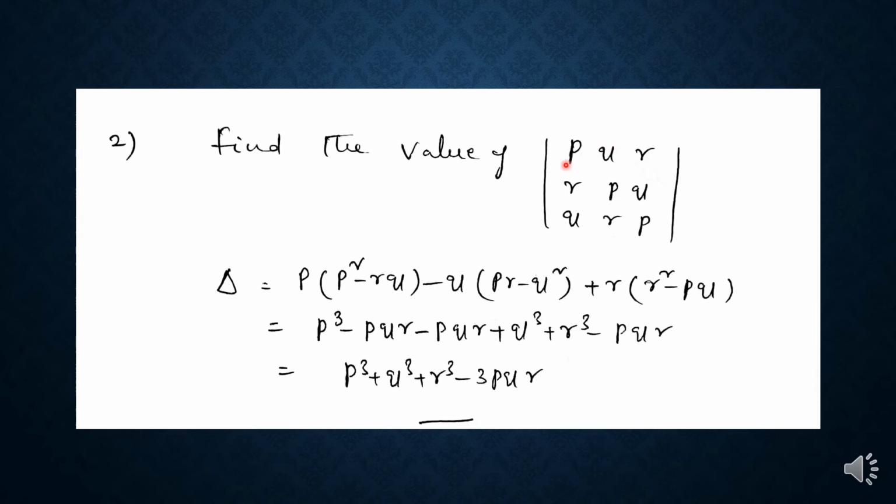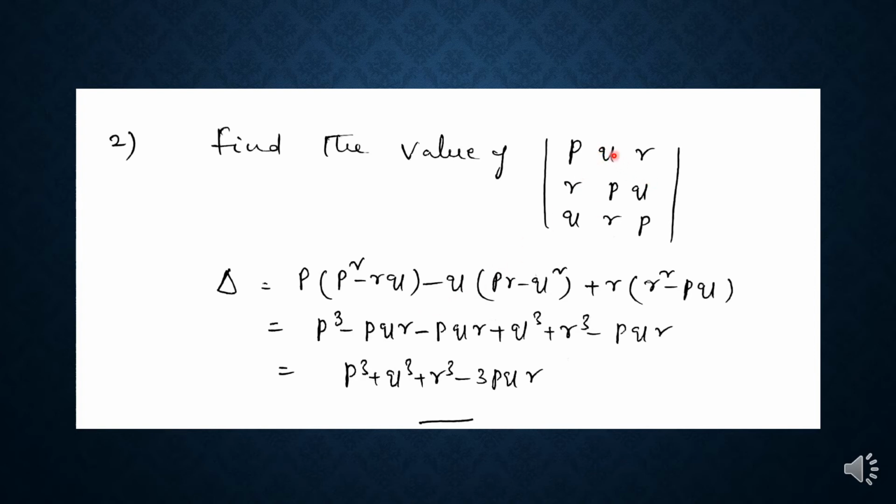Then expanding this by the first row, we get p into, if we remove this column and row, what we get here is the determinant r, p; p, q, that is p into p square minus qr. Now for the second element, its cofactor gets minus, so that's why we are taking minus q.